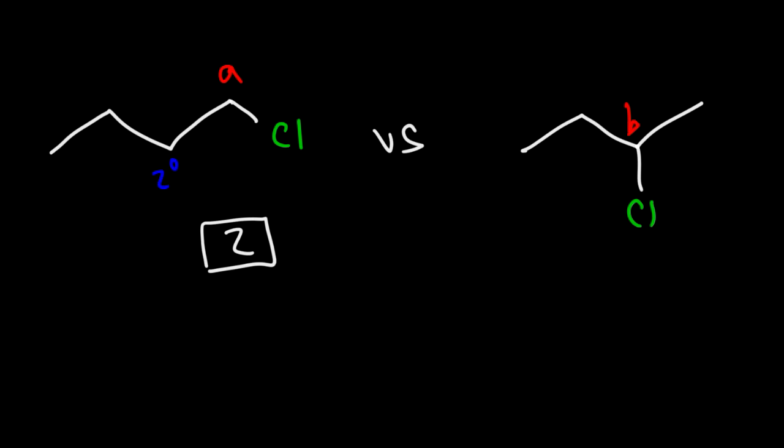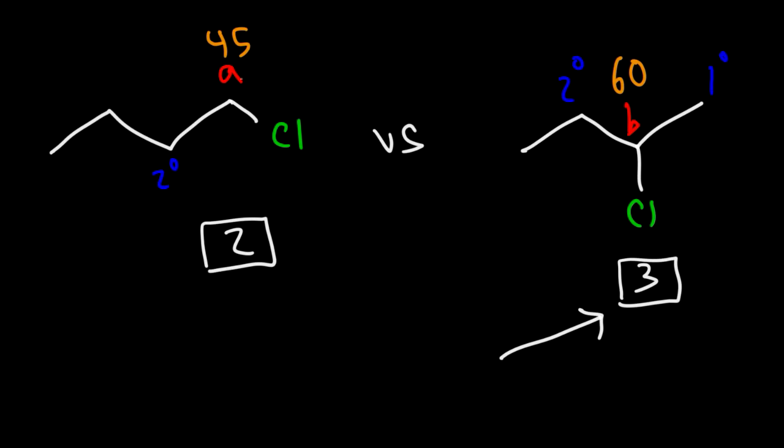Carbon B is between a secondary and a primary carbon, so we're going to give it a score value of 3. Because carbon B has a higher score value, it's going to have a higher chemical shift. It turns out that carbon B has a chemical shift of 60, and carbon A has a chemical shift of 45.